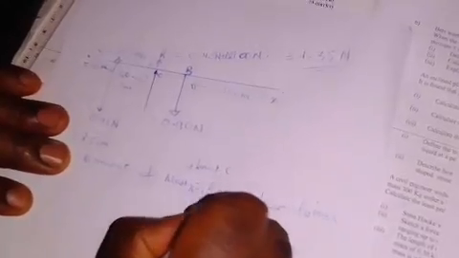Now you have your mass, which is 0.45 newtons, times the perpendicular distance, which you change from centimeters to meters, which is 25 centimeters, which will be 0.25 meters. So 0.45 newtons times 0.25 meters gives you 0.1125 newton meter.